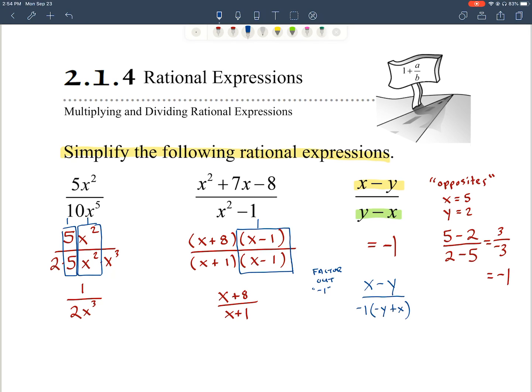And if we rewrite that, that's the same thing as saying x minus y over negative 1 times x minus y, just switching the order there. Well, now we've got that common factor between the two that's going to end up canceling out, leaving us with 1 over negative 1, which is just negative 1. So you can factor out the negative if you need to, or if you just see it as something over its opposite, it would also equal negative 1.